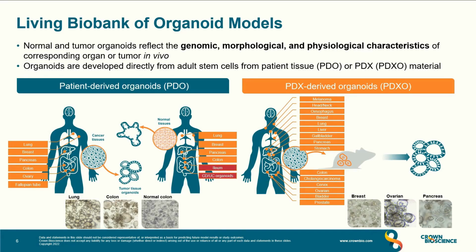So organoids are developed directly from adult stem cells from patient tissues. Like what you see here on the left side, you either grow your organoids from a biopsy, or you first go from a biopsy into the mouse and then towards organoid cultures from those tumors that arise here. So both have upsides and downsides.